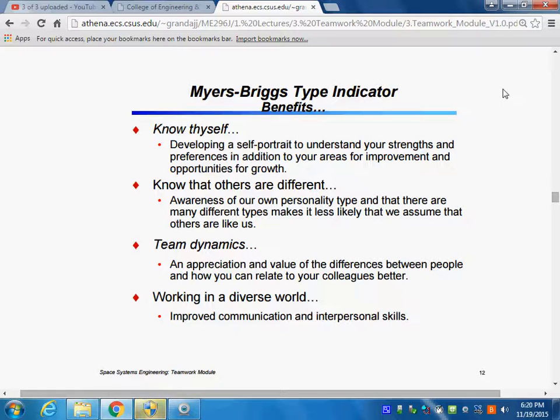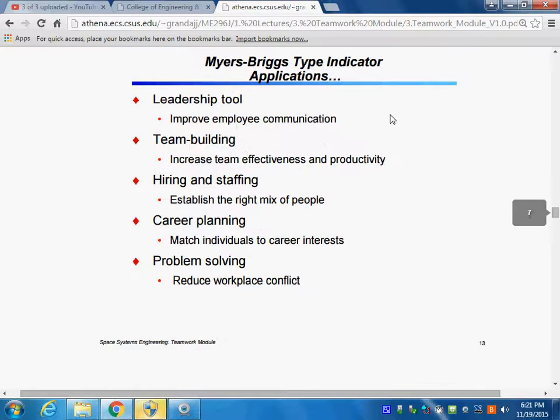Important for team dynamics. If we know each other and how we are, we can appreciate the strengths more, and if we discover some weakness, we might be able to help that person. All of us have weakness. None of us are perfect. This is going to help us to improve in a diverse world, and improve the communication, of course.